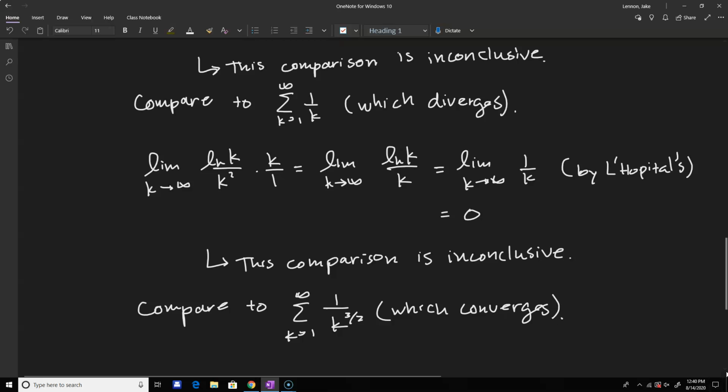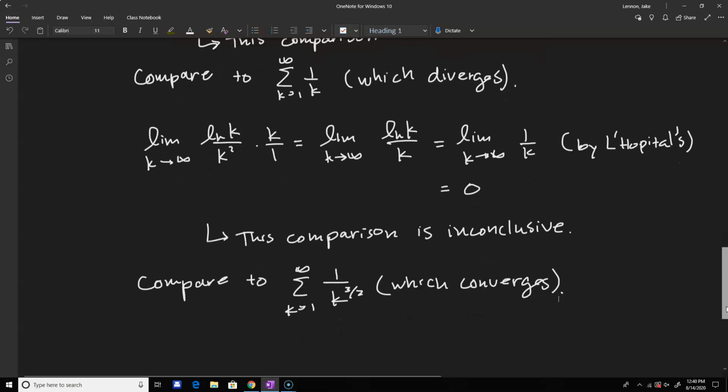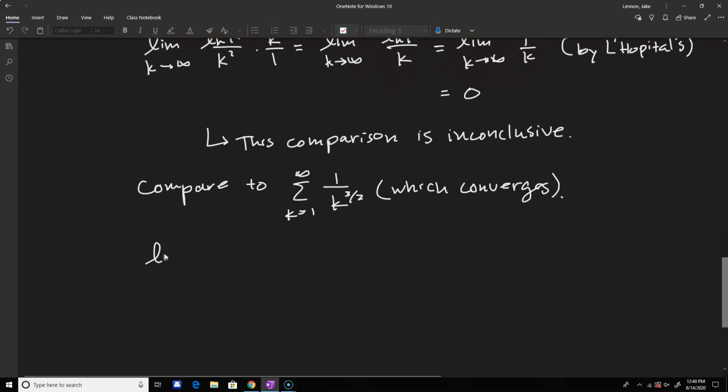So, what does that mean? Well, we have to do the limit comparison one more time. So we get the limit as k goes to infinity of the natural log of k over k squared times k to the 3 over 2 over 1.